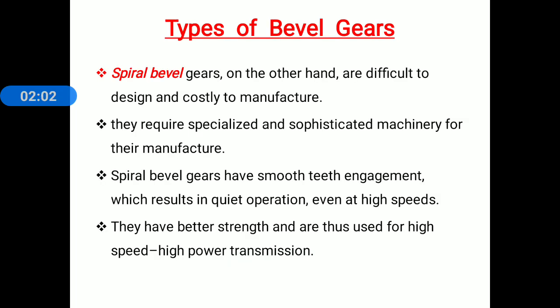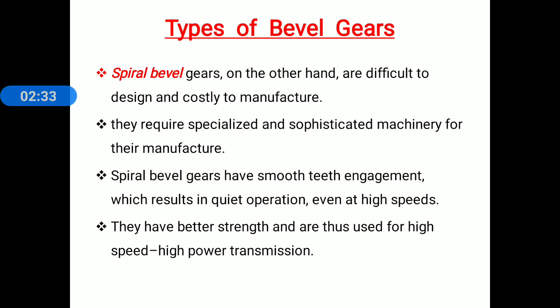Spiral bevel gears, on the other hand, are difficult to design and costly to manufacture, because to manufacture a spiral bevel gear we need specialized tools and sophisticated machinery. Spiral bevel gears have smooth teeth engagement which results in quiet operation even at high speed.